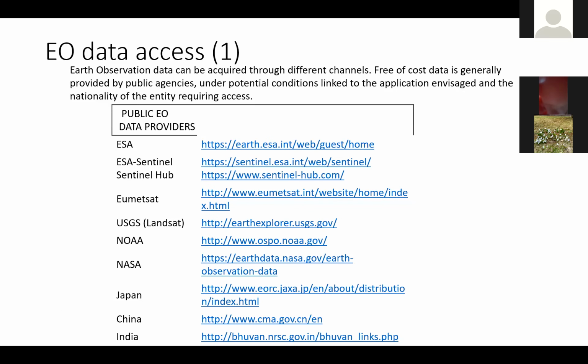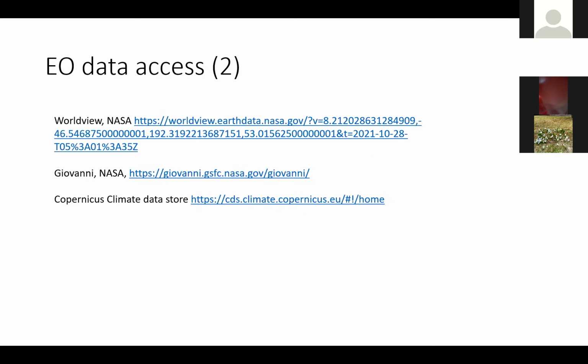This is the list of the data providers based on the agencies. You can find data here, but what I most recommend to the students is to start by looking at data on those 3 servers.